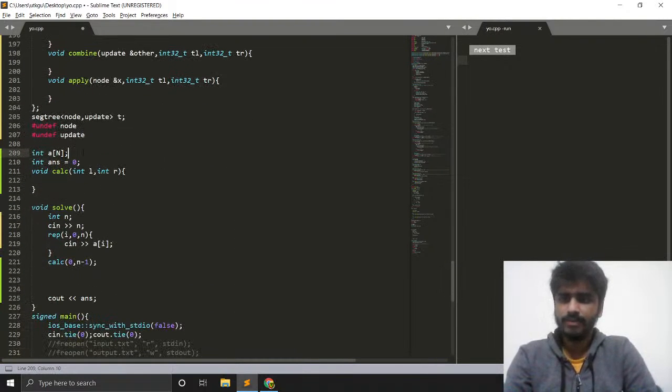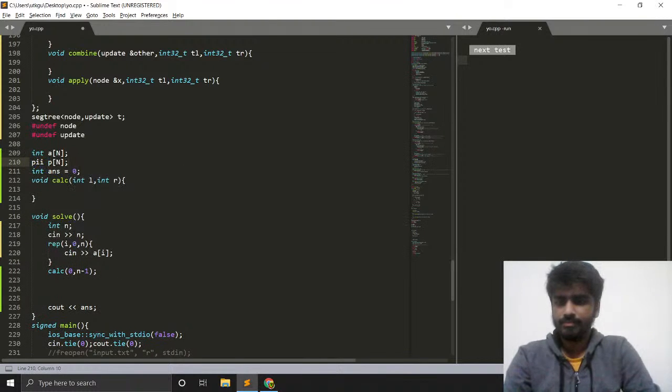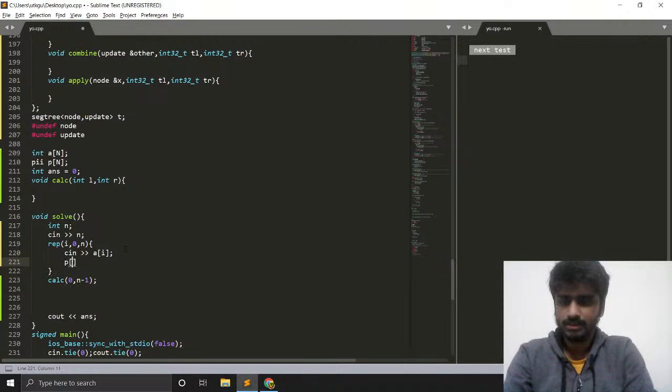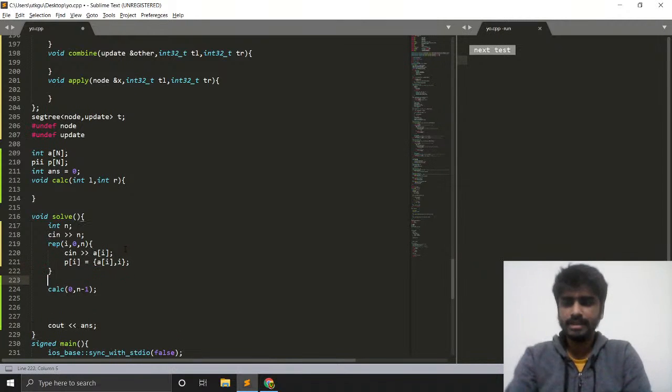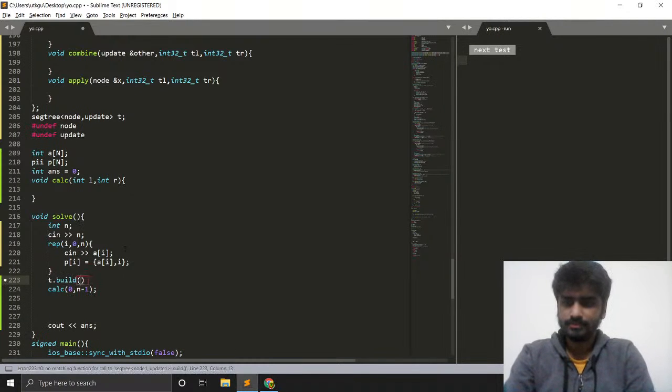For that, I'll have to store the array as a pair of the element, comma, the index. Now I'll use this array to build the segment tree.